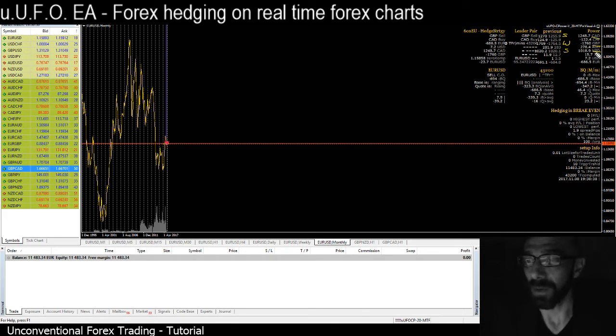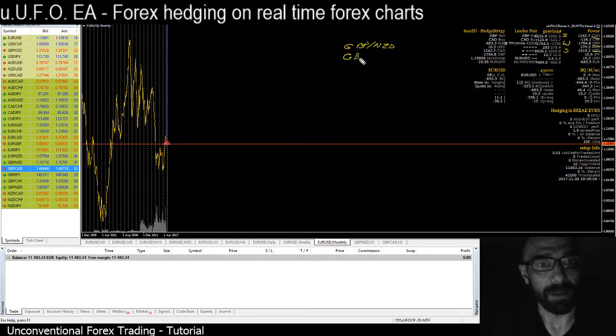In this case, the hedging that could have resulted, if confirmed on the lower time frames, and then we will see about that, would have been GBP New Zealand dollar and GBP CAD.